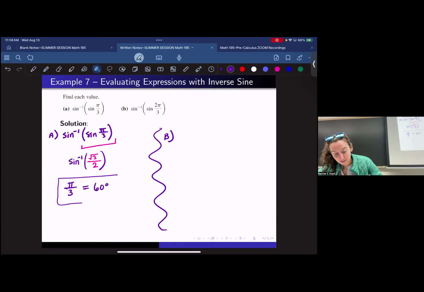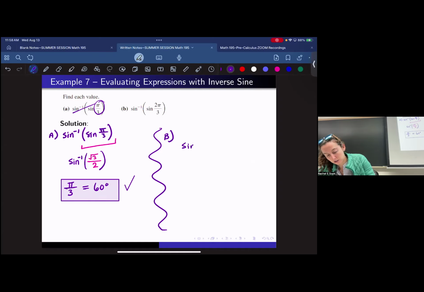Which means, right, you take the inverse sine of that, and what do you get? You just get π/3. It just cancels out, and our answer is what's inside here. So we could apply the same rule to b, and we end up getting our answer to be what? It just gives us 2π/3.